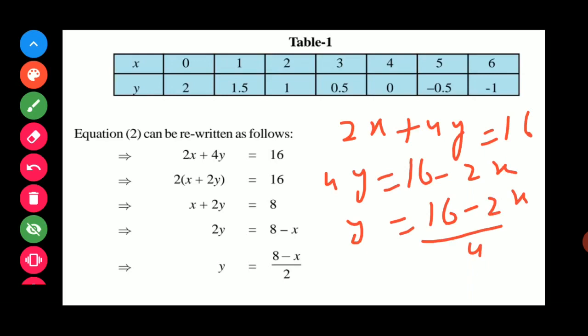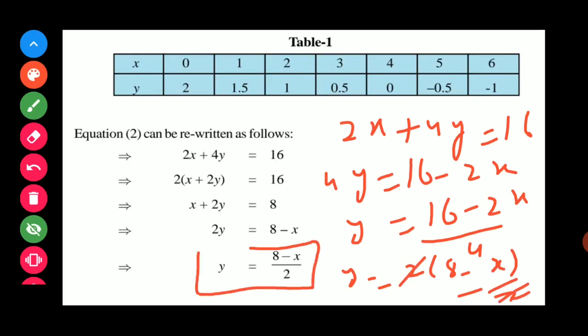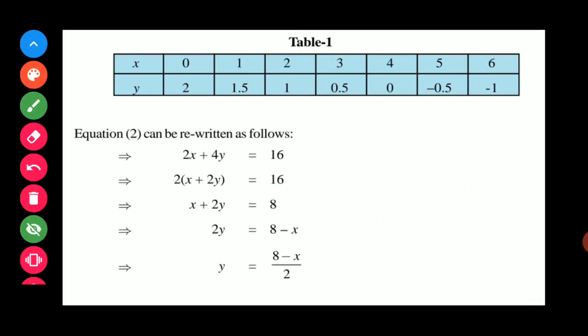So 2 is common, and 2 cancels out. So we get y is equal to (8 minus x) divided by 2.